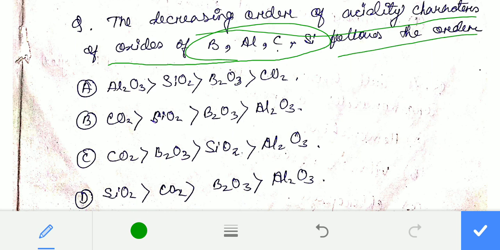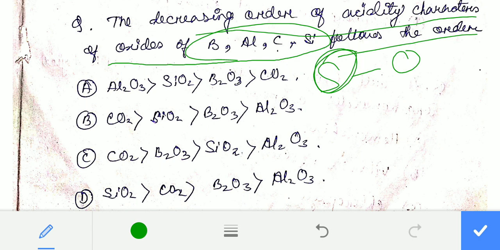For oxides, you need to know one thing. When any species, like S, is attached with oxygen, it forms an oxide. Here S is not sulfur, it is just an example.